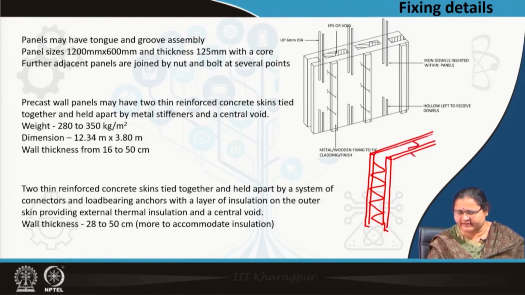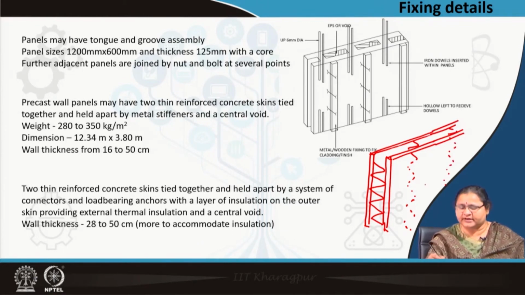There may be another spacer at intervals, and inside it is totally hollow, or else it could be filled in with some glass wool or EPS. The full form is expanded polystyrene, we will come to that. So, various thicknesses of individual panels held together in position by spacers can be cast and brought.